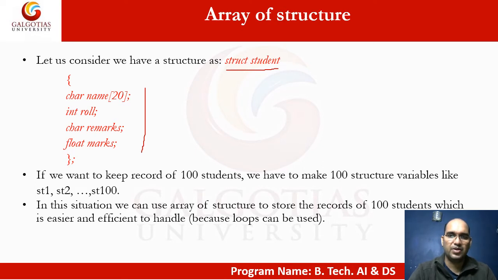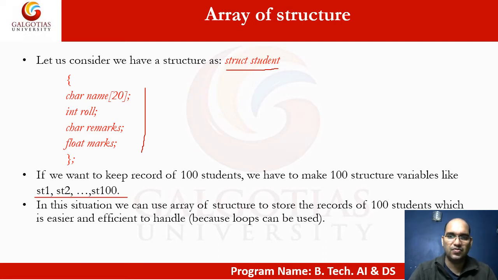If you want to keep records of 100 students, we have to make 100 structure variables like st1, st2 up to st100. If there are a total of 100 students, we first have to declare the 100 structure variables, and we can name them st1, st2, st3 up to st100.